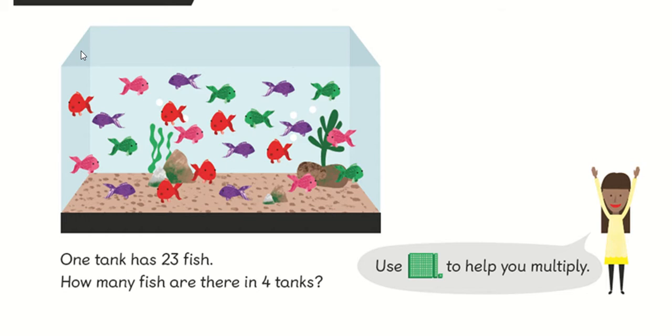Let's read our question. One tank has 23 fish. How many fish are there in 4 tanks? Pause the video, have a think. What number sentence would you need to write to answer this question?